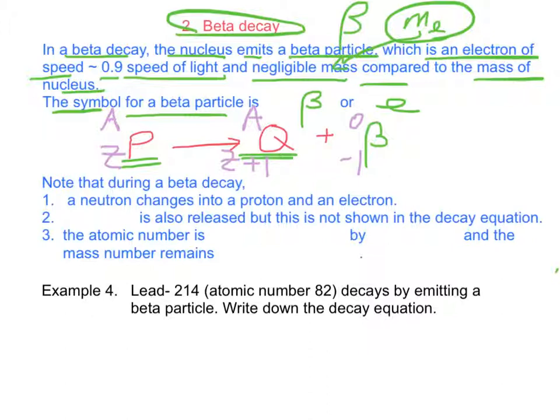Note that during a beta decay, a neutron of the nucleus P changes into a proton and an electron. That is, the neutron changes into a proton plus an electron.